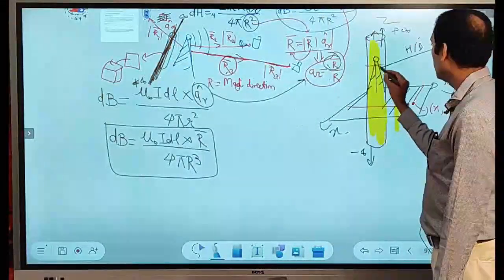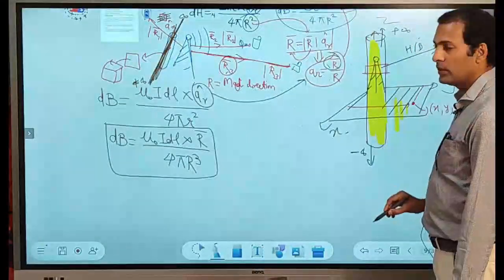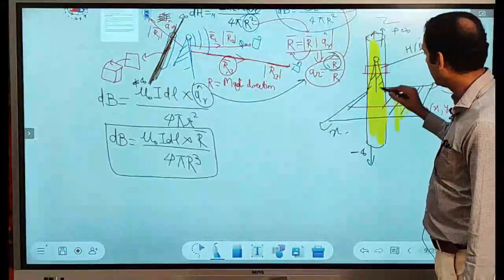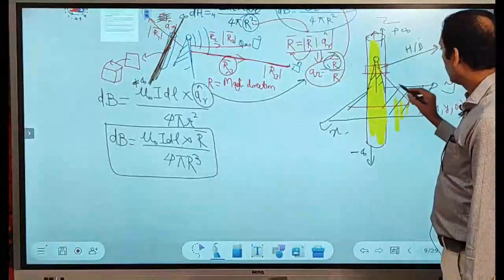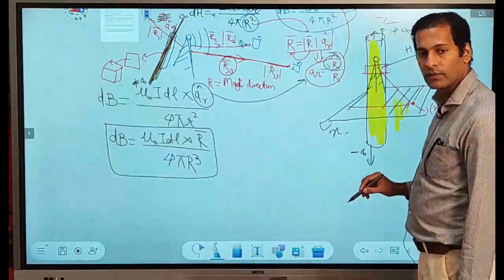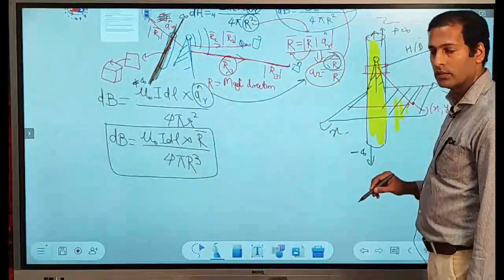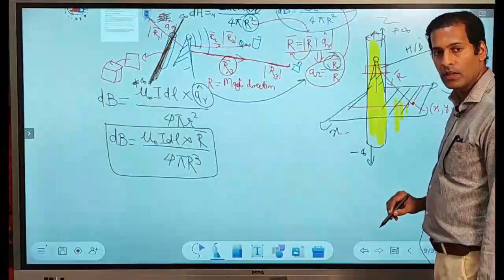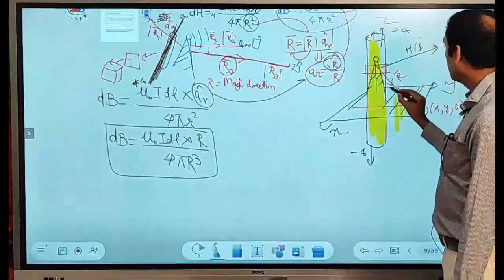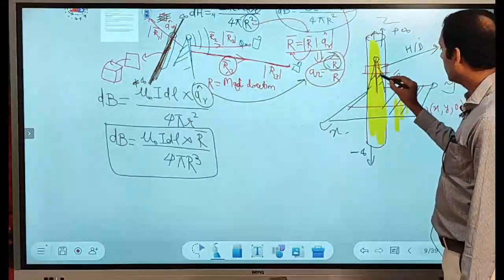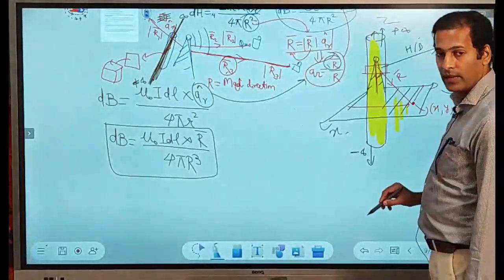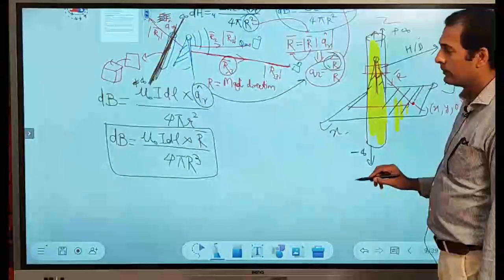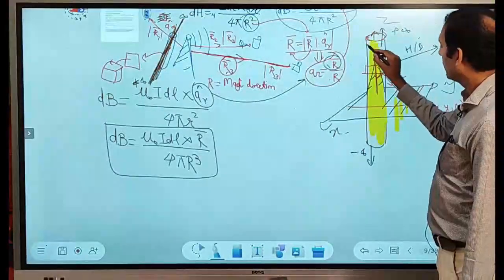I will consider a small differential length on this infinite conductor. I will draw one line, the distance. What will be the direction of the distance vector from source to destination? So it will be like this, R bar, right? And this will have some component here also, some angle. Now what coordinate system will we use? This is a conductor.